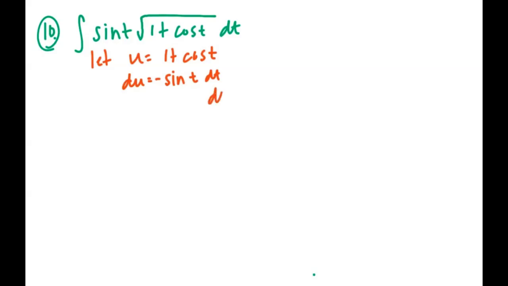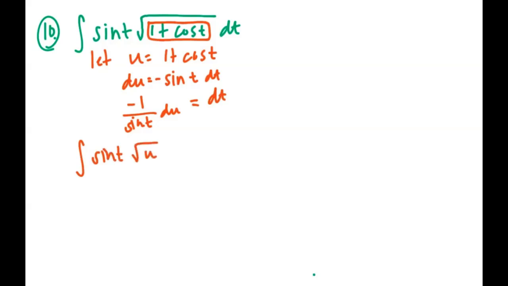So then solve for dt, and dt is negative 1 over sine t, and then du. So we're going to take all of this value, this is our u, and see how this works out. So we have the integration of sine of t, square root of u.